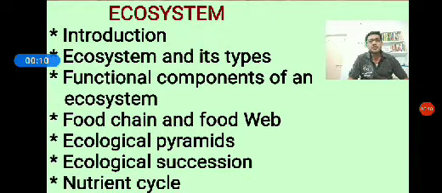In the previous class we discussed topics like what is meant by ecosystem, the types of ecosystem, as well as the functional components of an ecosystem.